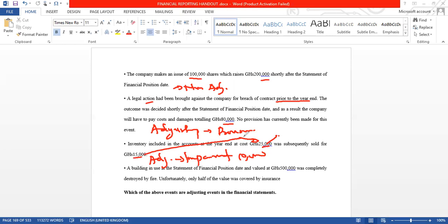They go ahead to tell us that a building in use at the SOFP date valued at 500,000 was completely destroyed by fire. Unfortunately, only half of the value was recovered by insurance. Adjusting or non-adjusting? Remember distractions.